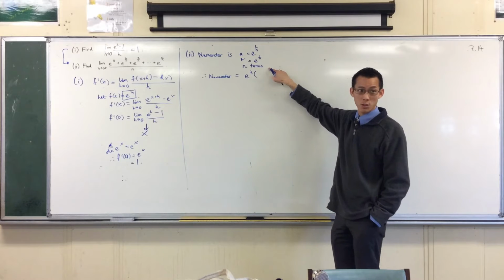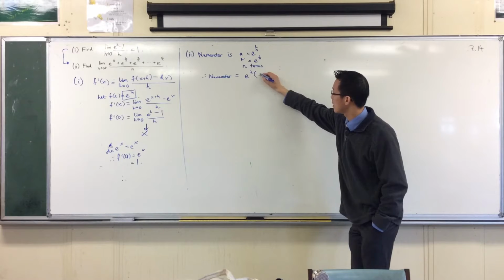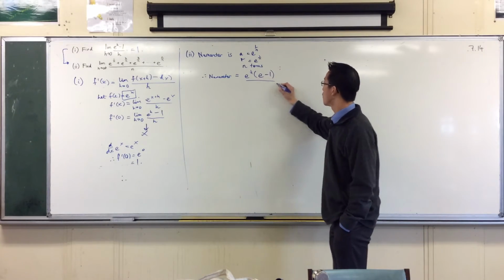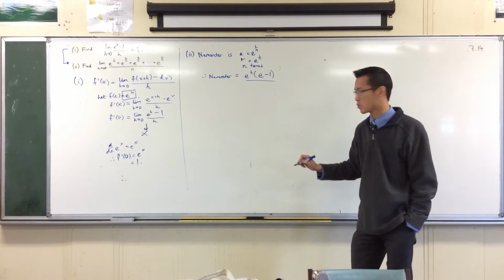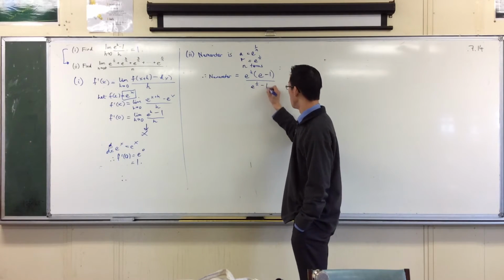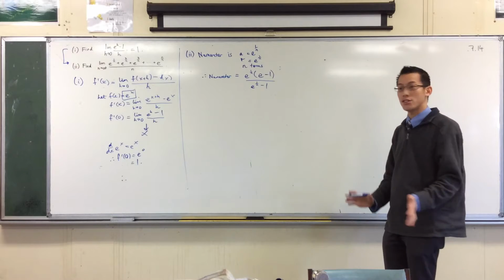Index laws. It's just going to be e, that 1 over n times n, so I'm just going to get e. There's my r to the n. Minus 1 all over, what's on the denominator? It'll be r minus 1, since this is r to the n minus 1. So I've got this. Sure, all right, fine. So there you go, there's your numerator.